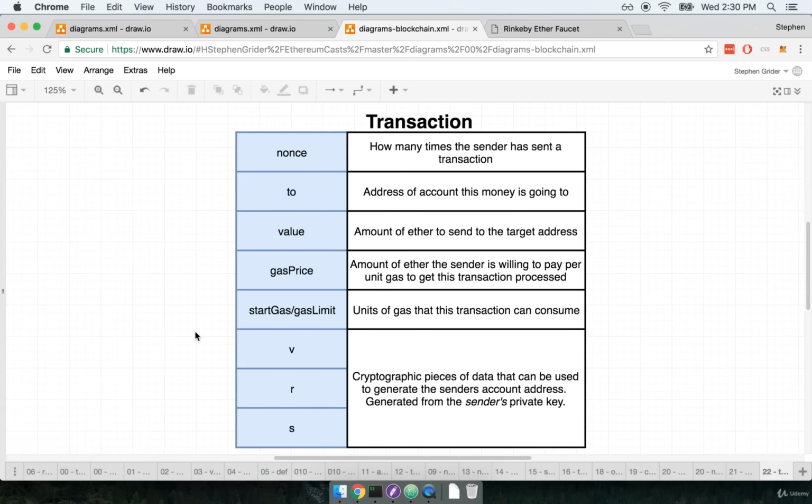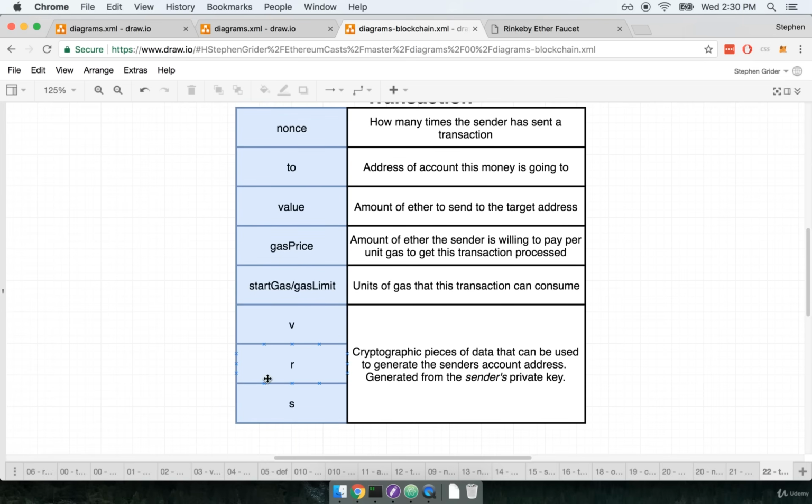In addition, I don't see anything in here that provides a private key or a password or something that says, hey, you can take money out of Steven's account. What's to stop you from submitting another transaction that says, go find Steven's account and take all of his Ether, and submitting that transaction to the network to be processed? Well, that's where these V, R, and S properties come into play.